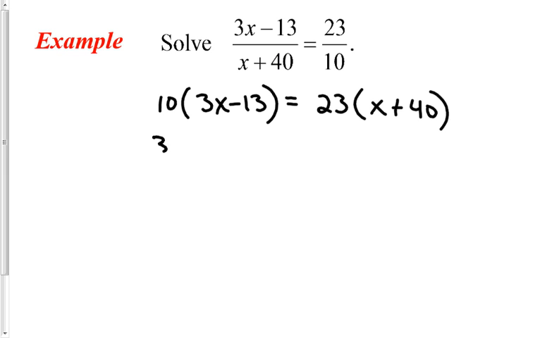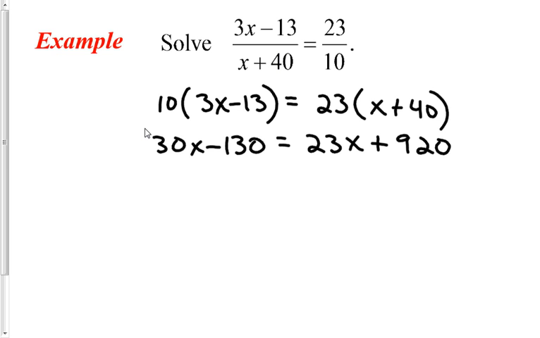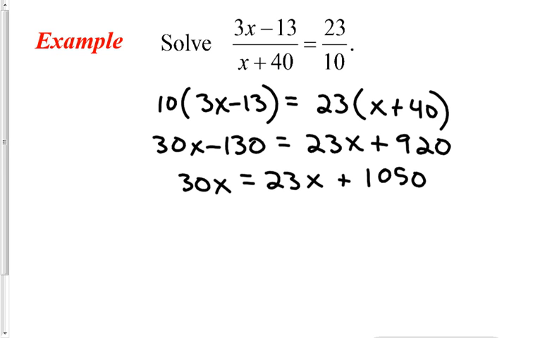So we distribute and get 30x minus 130 equals 23x plus 920. So we're going to add 130 to both sides. That'll leave us with 30x equals 23x plus 1050.